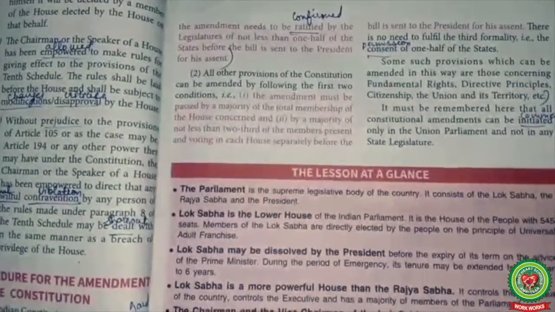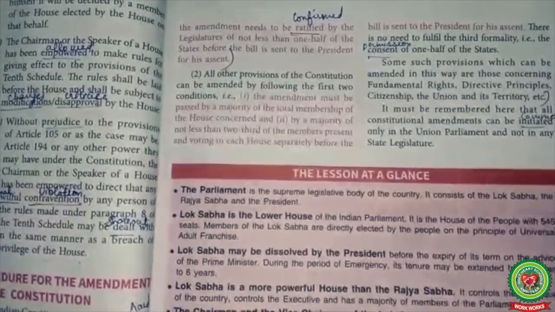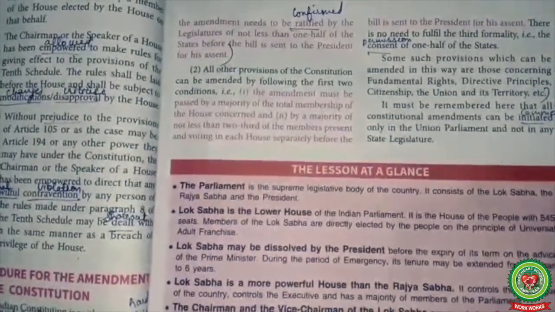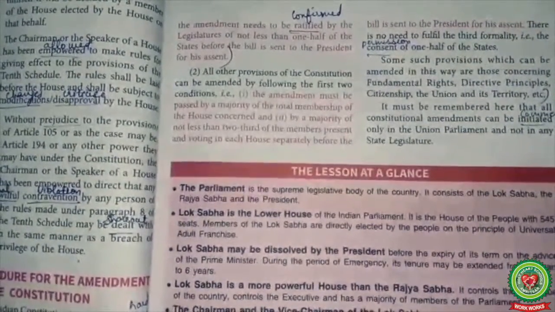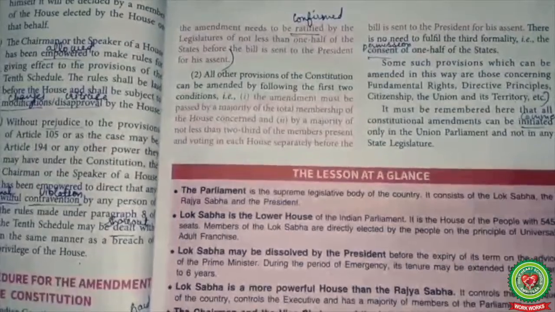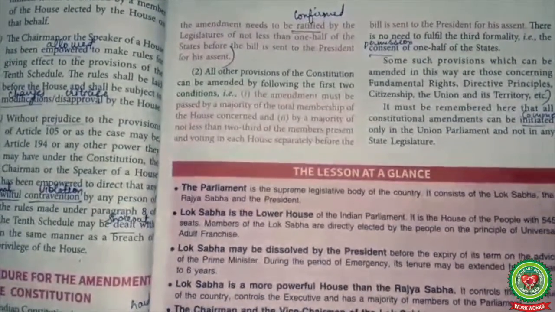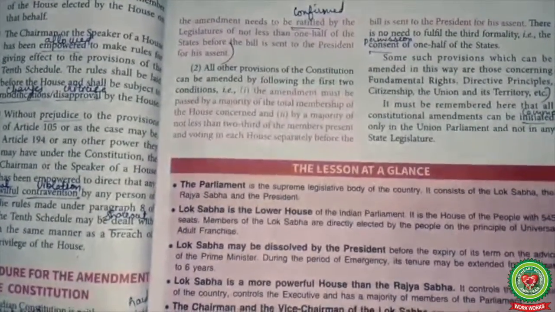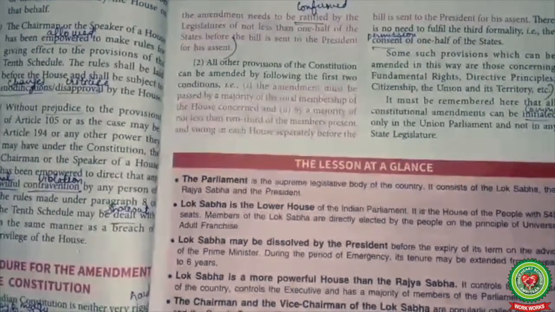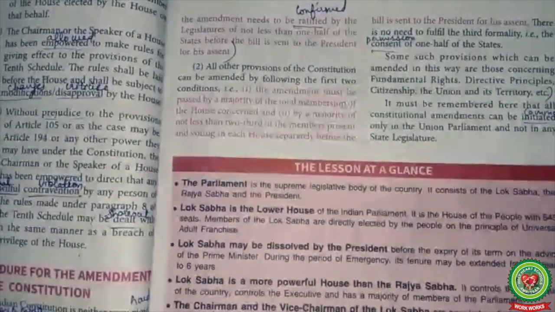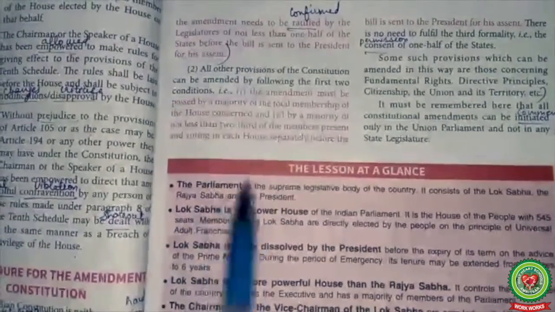There is no time limit for the states to give their consent. The following can be amended this way: elections of the President, Supreme Court and High Courts, executive power of the Union and the states, distribution of legislative power between the Union and the states, representation of the states in the Parliament, etc.